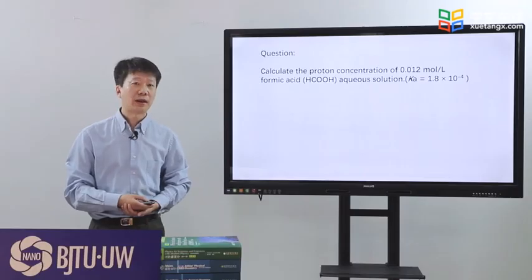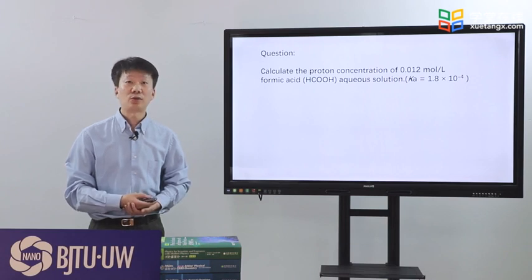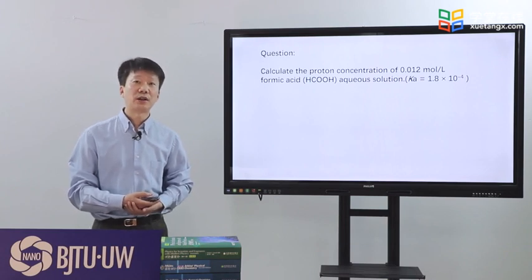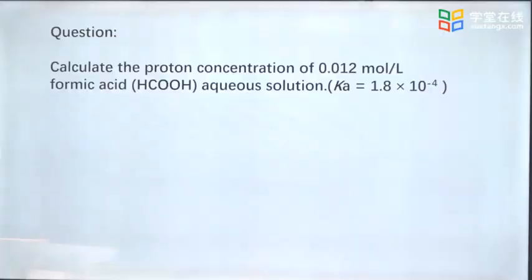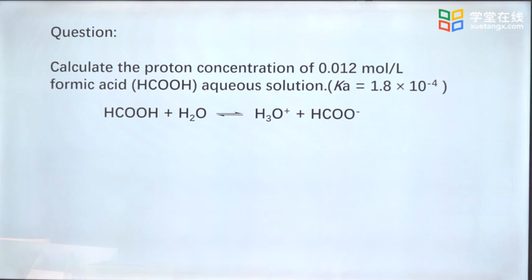Question: calculate the proton concentration of 0.012 moles per liter formic acid aqueous solution. Let me write down the chemical equation first. Formic acid to proton and anion HCOO-.